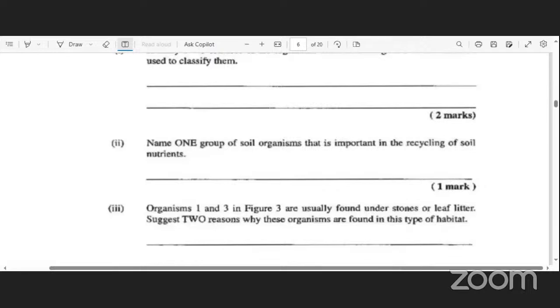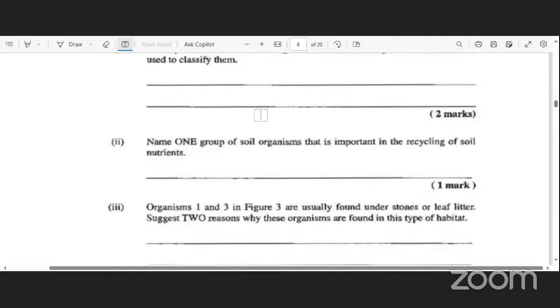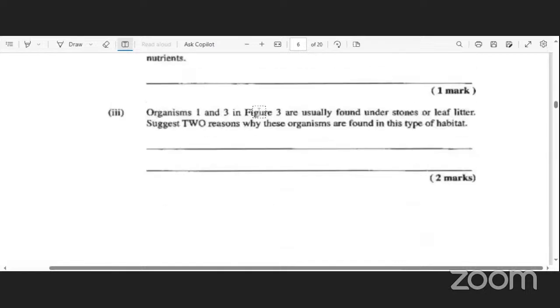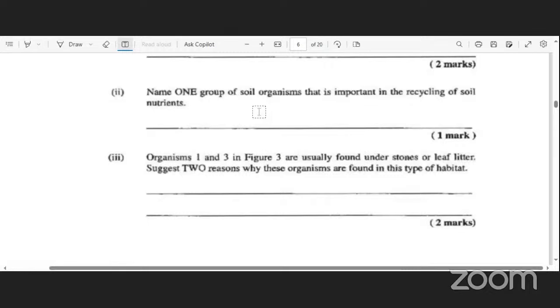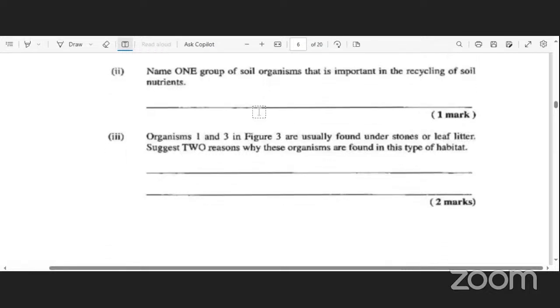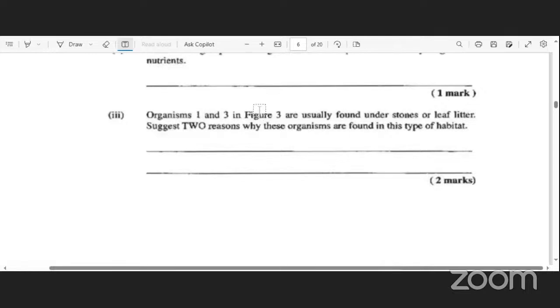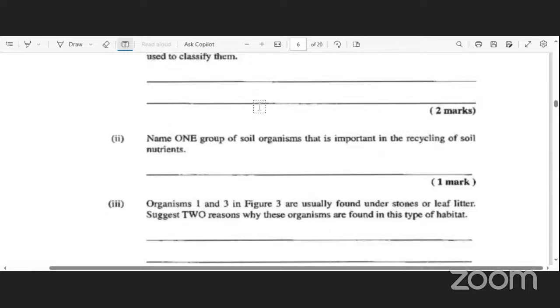Worm is a broad word. If you want to put worm, you can put earthworm. So earthworms, decomposers, any of that can help with the recycling of nutrients within the soil.